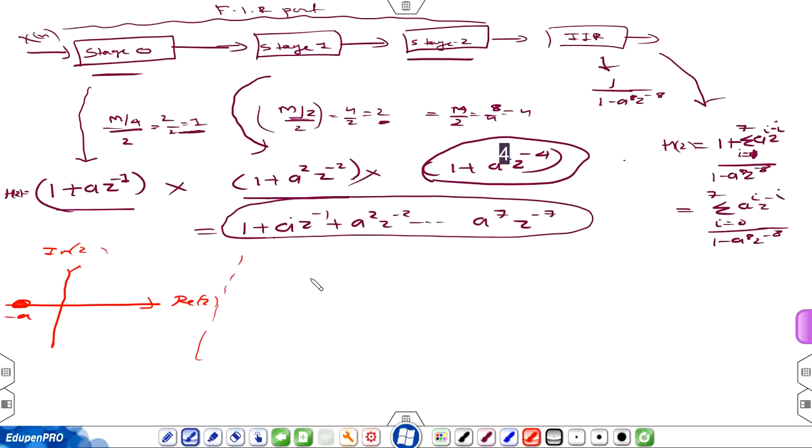This stage 1 will have zeros at z equal to a times e raised to power j pi by 2 and a times e raised to power j 3 pi by 2, at these points on the imaginary axis.